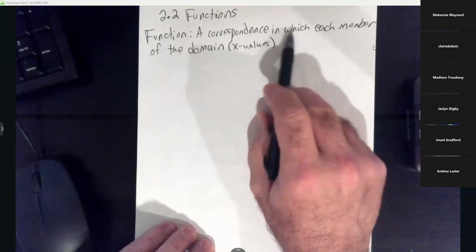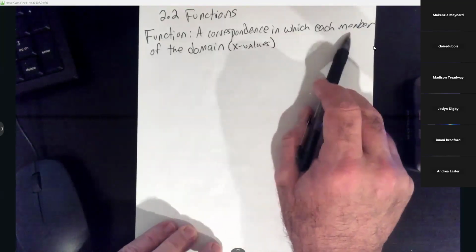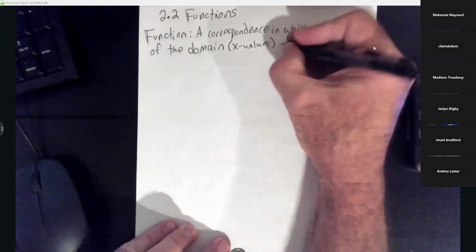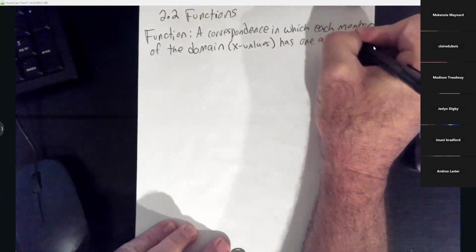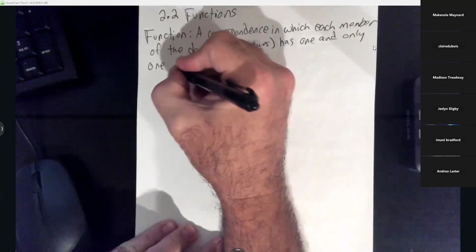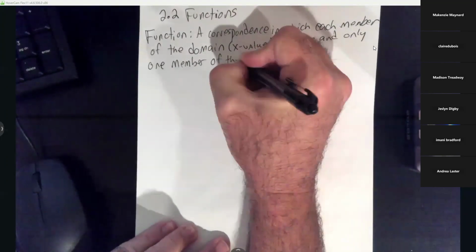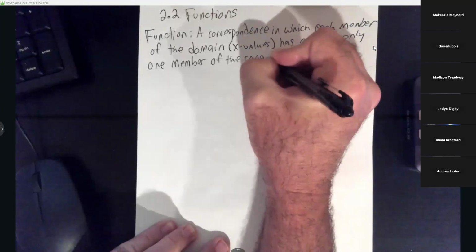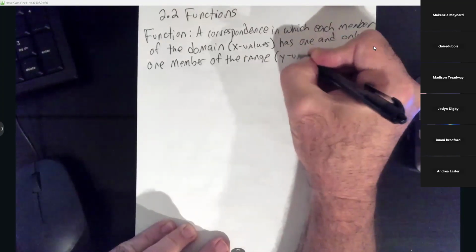So a correspondence is going to be one in which each member of the domain has one and only one member of the range. And when we talk about range, we're talking about y values.